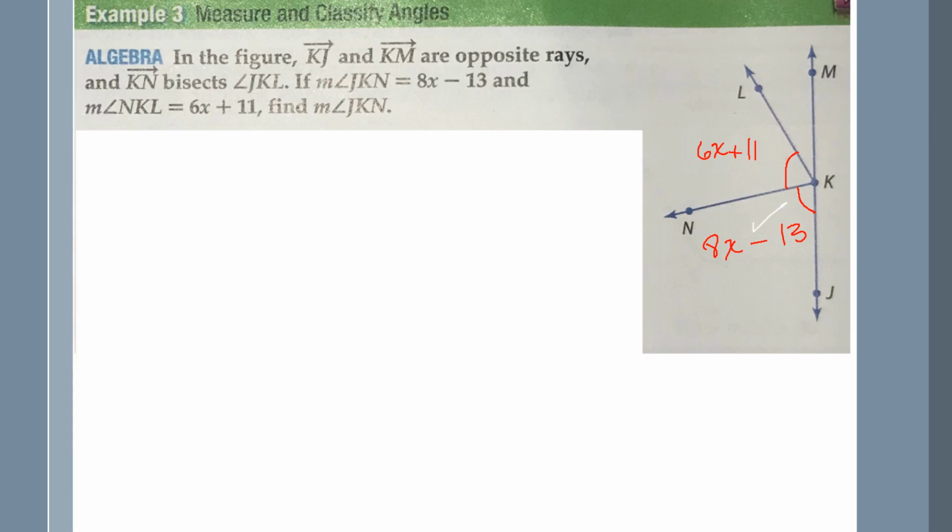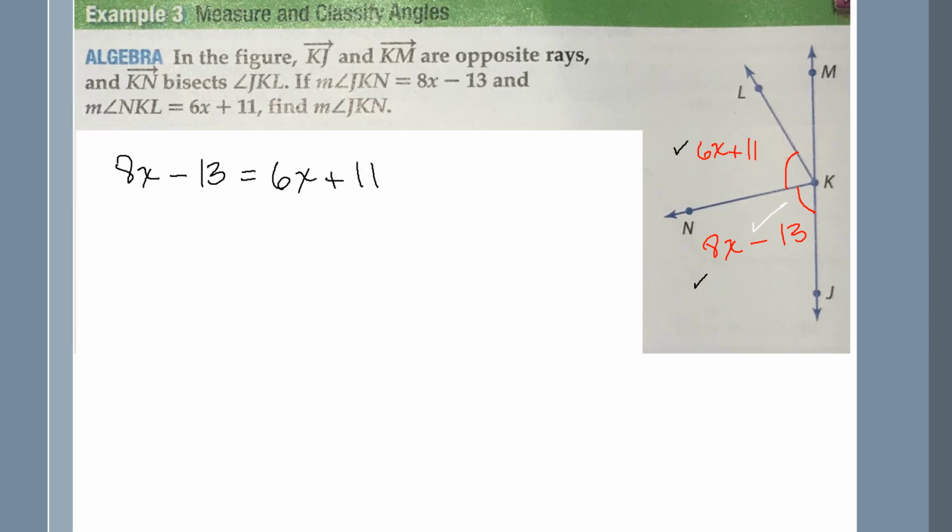So now we need to do some math and set up an equation, right? So the first thing I know by the diagram, when something's bisected, I get two equal angles. So I'm going to make those two equal. I'm going to say that 8x minus 13 is equal to 6x plus 11.